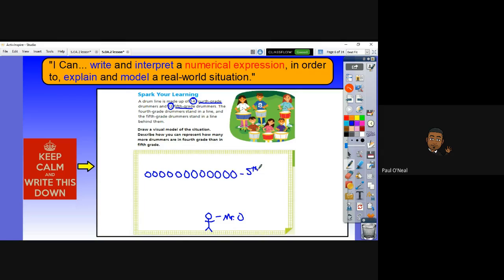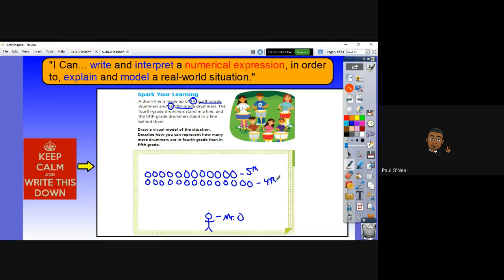They are behind now the fourth graders, which there's 14. All right. So 1, 2, 3, 4, 5, 6, 7, 8, 9, 10, 11, 12, 13, 14. And that is fourth. Okay, cool. So now I've just drawn my visual model to help understand what is being said.